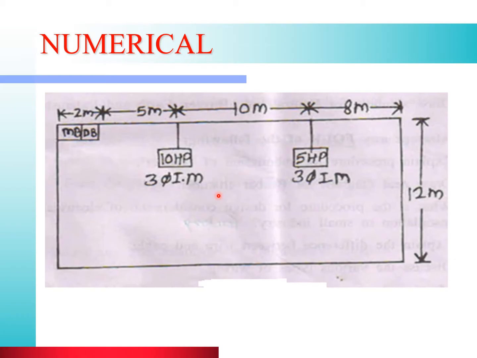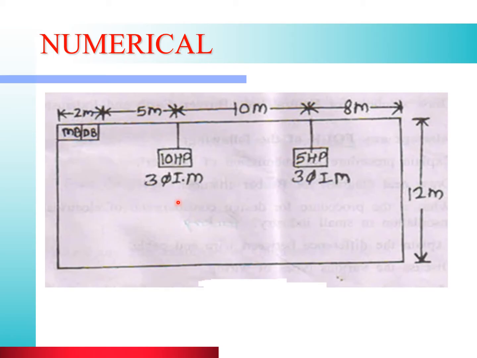Numerical. This is the simple numerical given. Here in a small workshop you have to install the 10 horsepower 3-phase induction motor and 5 horsepower 3-phase induction motor. Distance is given and this is the main board or the distribution board.